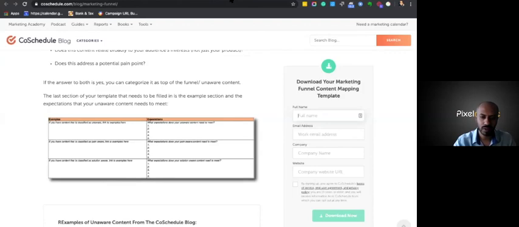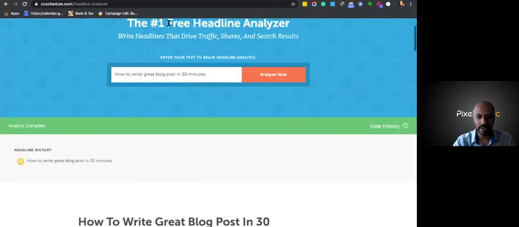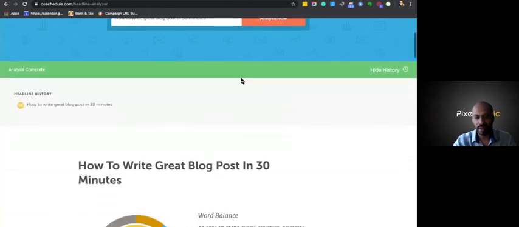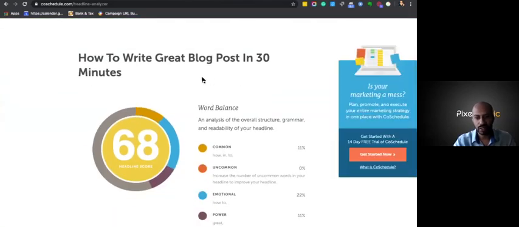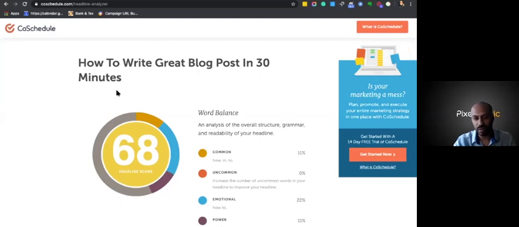With regards to writing content and headlines, there is a tool called Headline Analyzer, right? You put in your headline and just click on Analyze Now. It analyzes your headline. It tells you what kind of content it is, and you also see that they're promoting their 14-day free trial with a call to action here, right? So again, this is also a content tool that they've created where they are creating a situation where they're engaging with the audience.